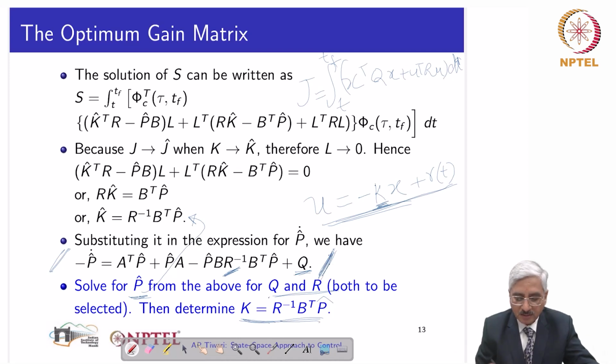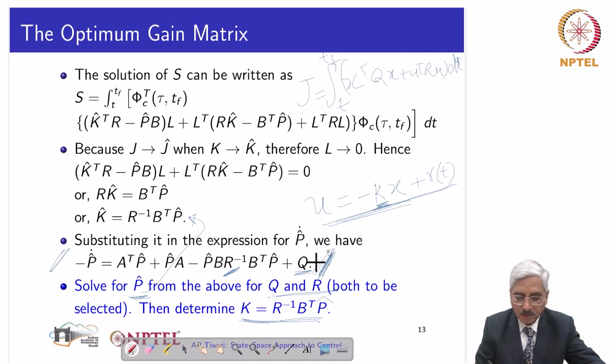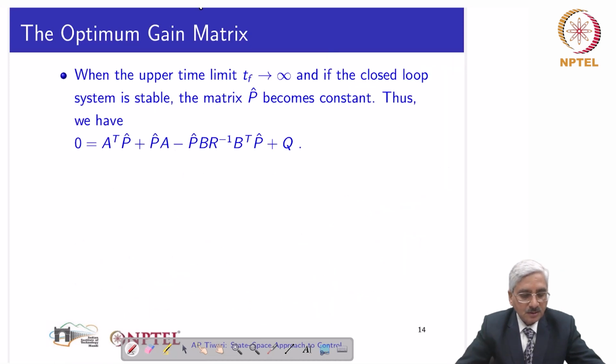So the whole effort is in solving for P, and with the availability of computers and software packages to solve this kind of equations, that is even much easier. So the entire effort is essentially in selection of Q and R. Select Q and R, with the knowledge of A and B and Q and R, we get P and then we get the K.